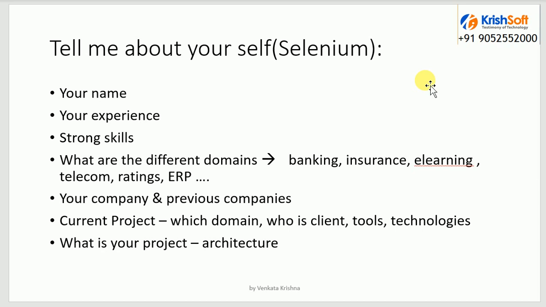You need to make the interviewer feel that you know each and every thing in that project manually, including the various roles in the project, who the end user is, which domain, and which tools you have used.